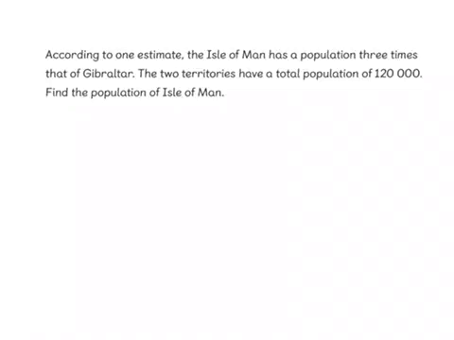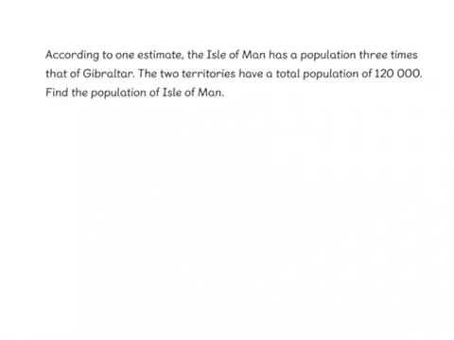So this kind of problem is where one thing in the problem is so many times bigger than the other, and in this case it's the Isle of Man's population that is 3 times bigger than that of Gibraltar. So we can draw bars to show that, and that helps us work out the answer.